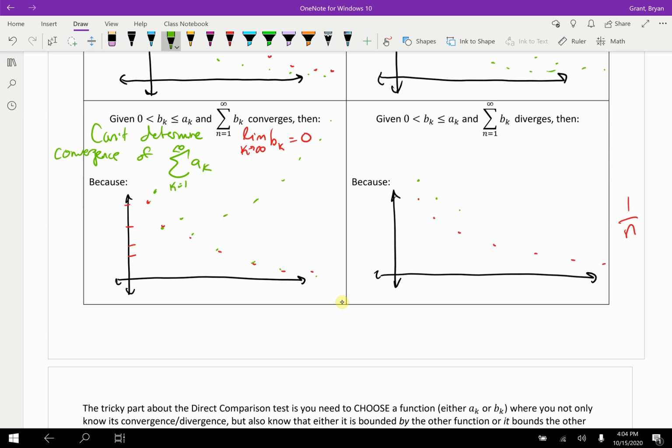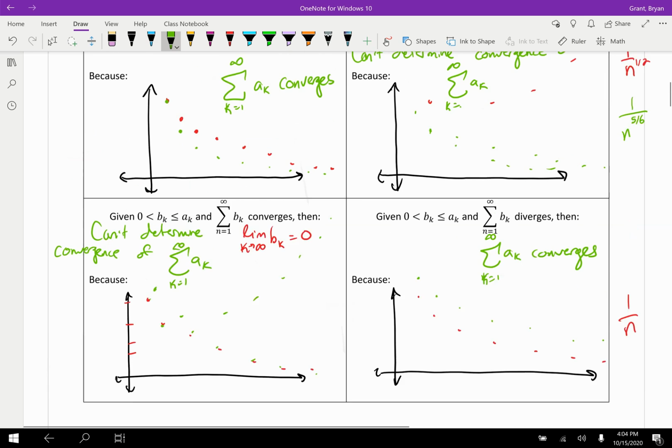Well, now again, think about visually, the green function is above the red one, so larger values. You're adding up larger values here. And if you're adding up larger values, then of course that's going to diverge as well. So what can we do here? We know then that the sum from k equals 1 to infinity of a sub k diverges.